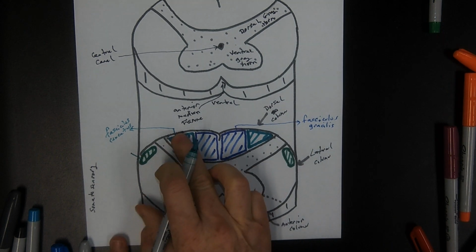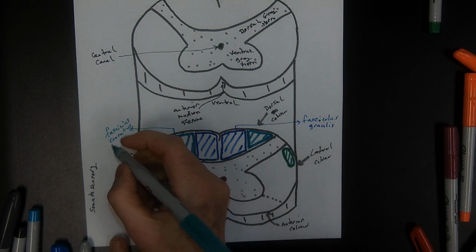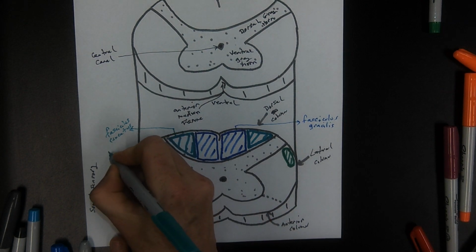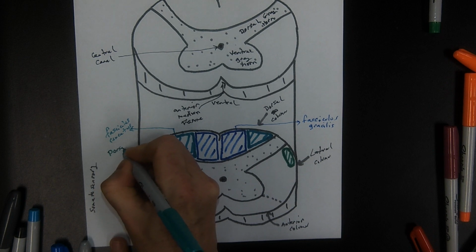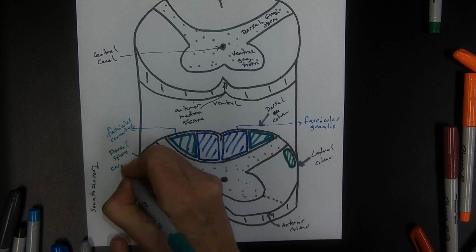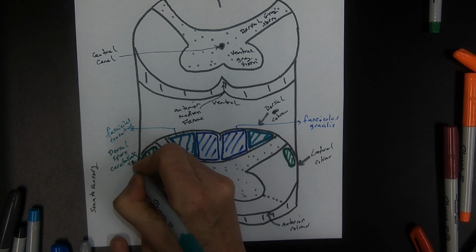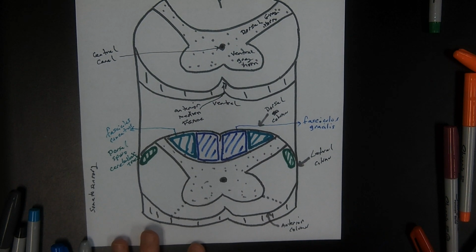Since they're more dorsal, this represents axons traveling through the dorsal spinocerebellar tract. We're going to learn these when we talk about the cerebellar system. They carry non-conscious proprioception information.